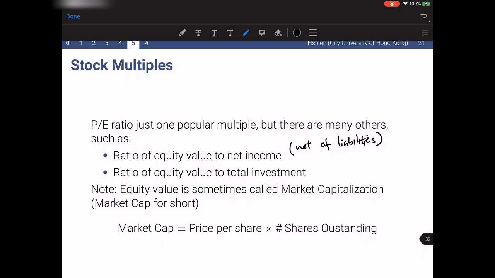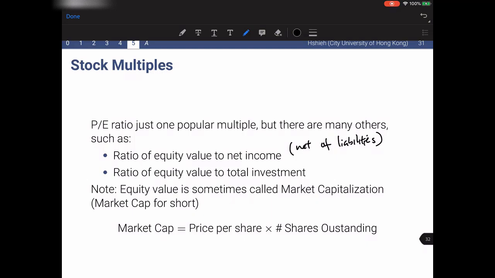Okay, so to summarize, multiples really just mean a ratio between a measure of the firm's value or part of the firm's value divided by some firm characteristic. So the firm characteristic can be anything. It doesn't have to be some accounting variable. It can be firm age, for example. It can be CapEx, for example.